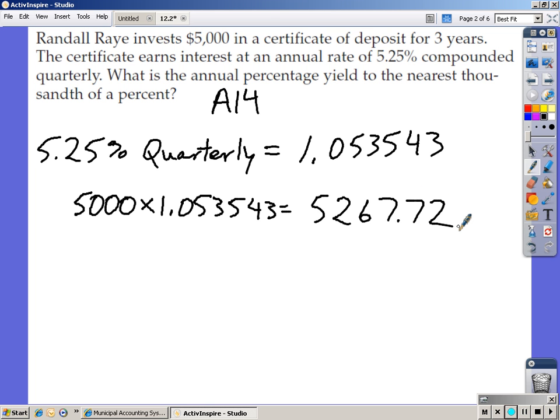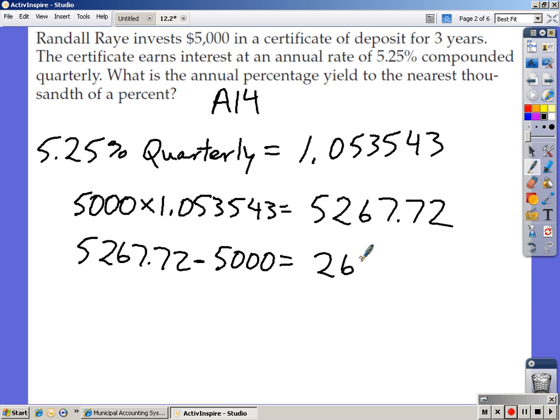Okay? Take that amount, 5,267.72, subtract the original $5,000 that you invested, and that gives you interest earned of $267.72. Okay?